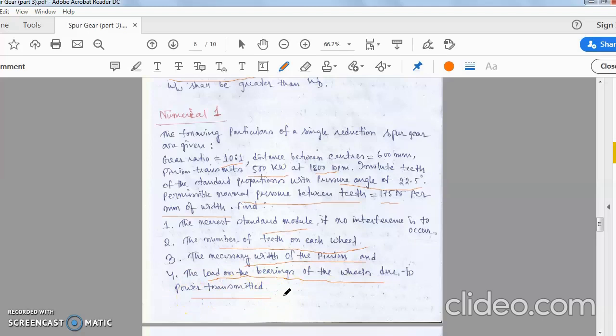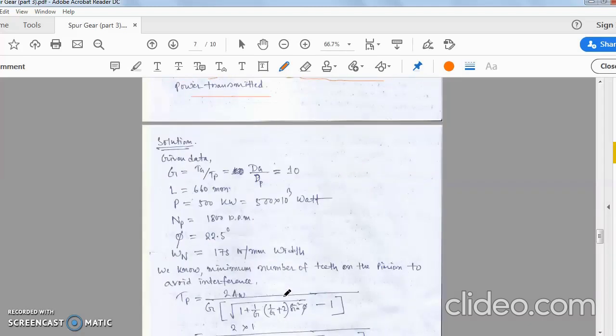That means due to the power transmission, the amount of load acting on the bearing will also be calculated. So these are all the given data. G is 10, L is 660 millimeter, P is 500 kilowatt, NP is 1800 RPM, phi is 22.5 degree, Wn is 175 Newton per millimeter of width.